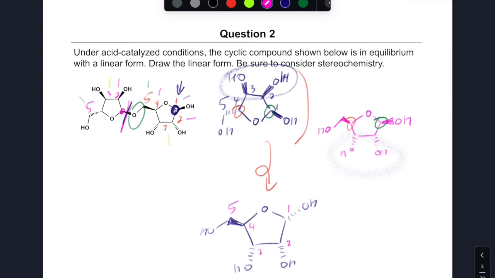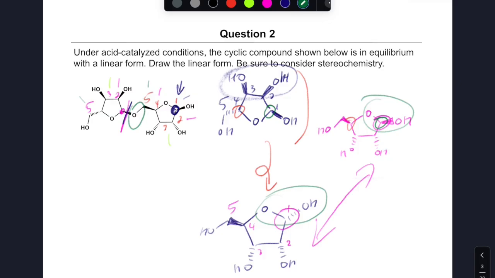So all I've done is flip it over, and these are now identical except for the geometry at the center. That's fine, because if we hydrolyze this further, this is a hemiacetal in both cases. That's my hemiacetal center there and there.